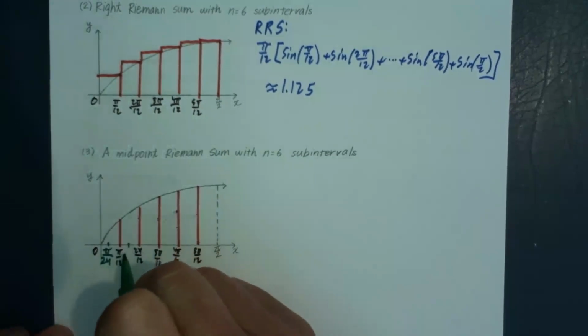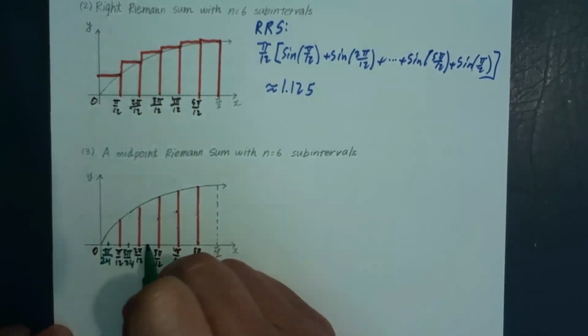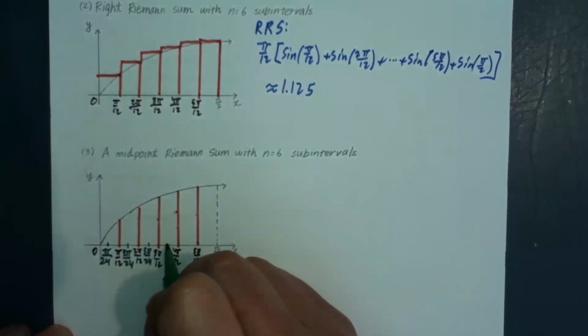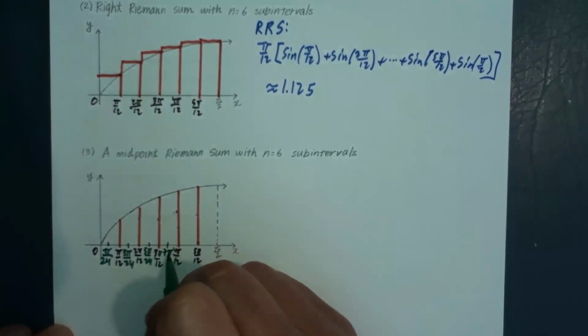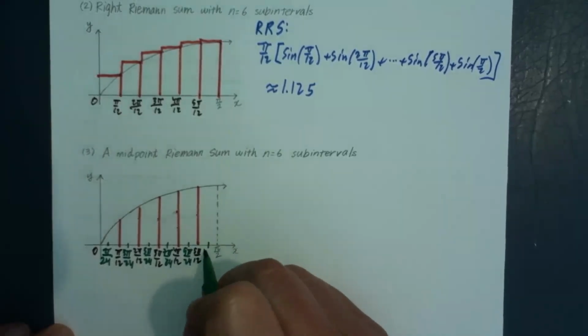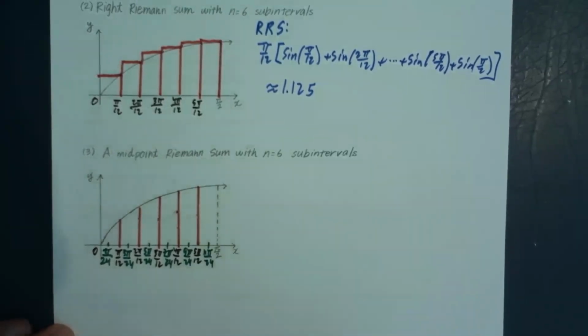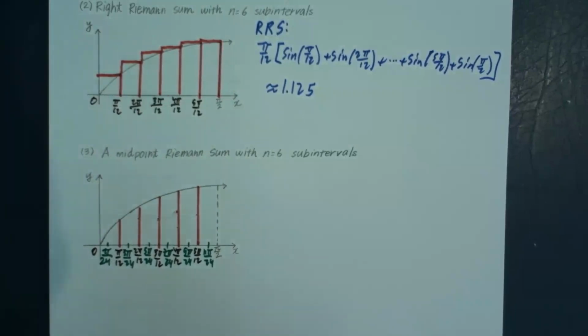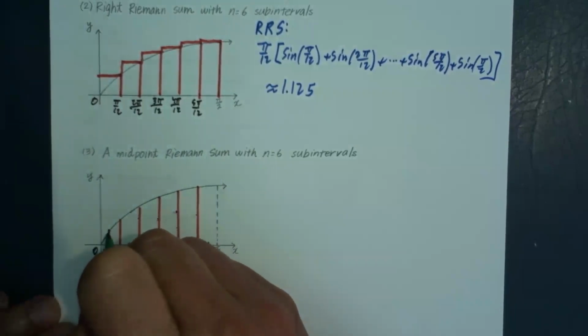And each of these midpoints, this is 3 pi over 24, 5 pi over 24, 7 pi over 24, 9 pi over 24, 11 pi over 24. And what we're doing with that is our rectangles are now going to go to here.